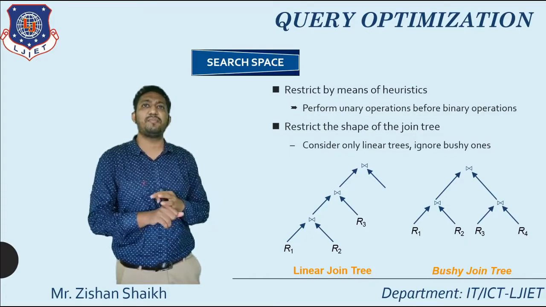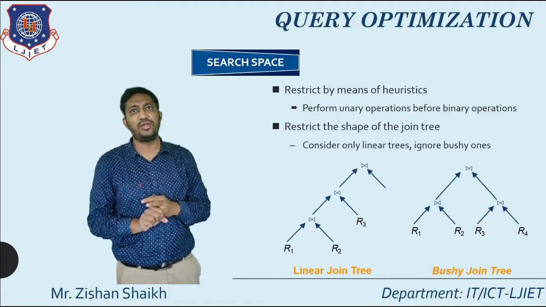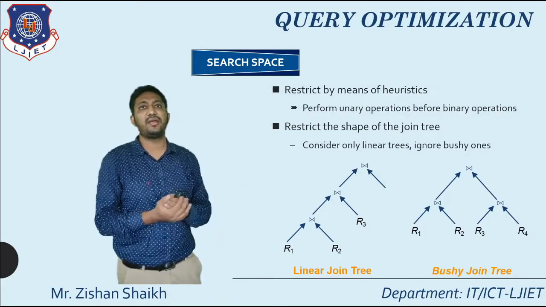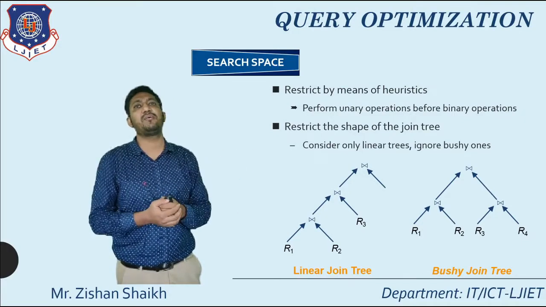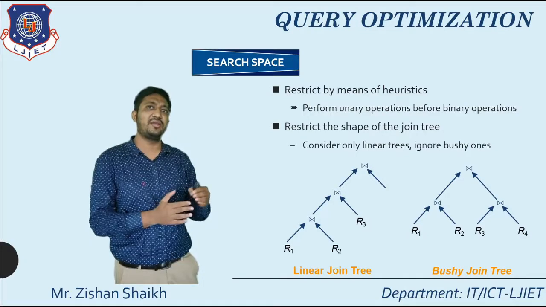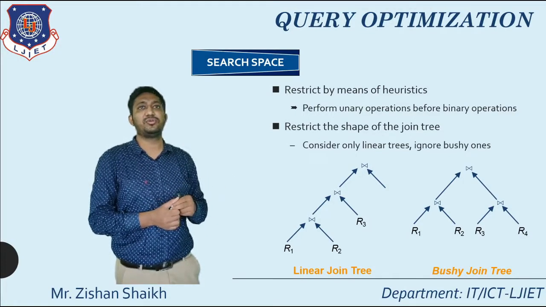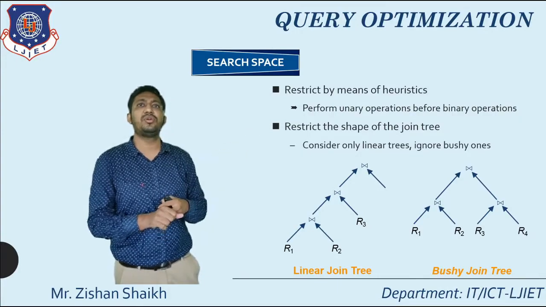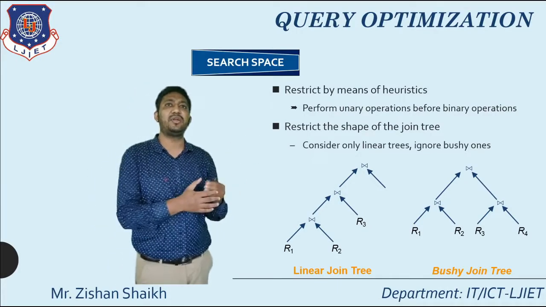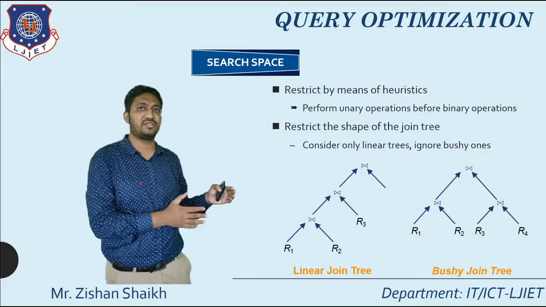So before performing binary operations, we have to use unary. After that we perform binary. So step by step we are performing our operations. Then we can consider that our number of alternatives can be reduced.